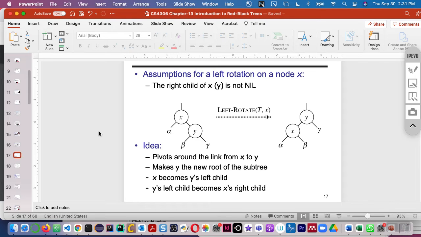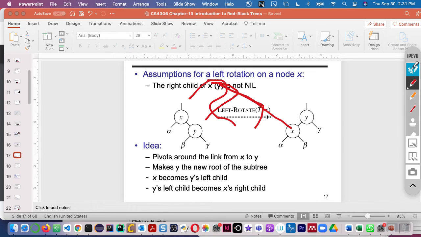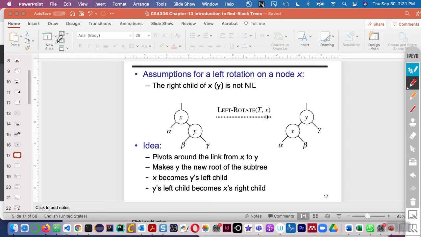Okay, so the problem is that, for instance, in our AVL tree, we saw that there are simple rotations. We found 4 rotations, right?